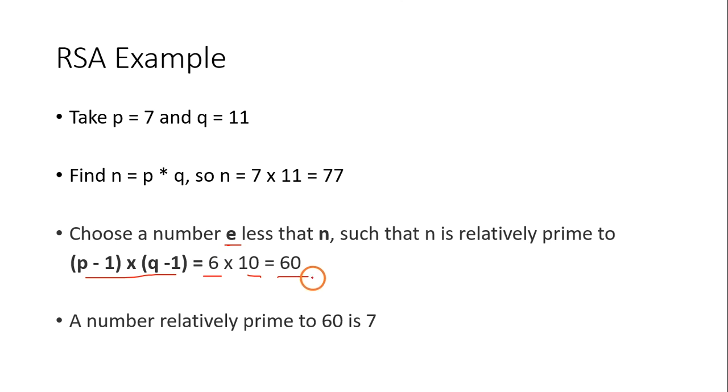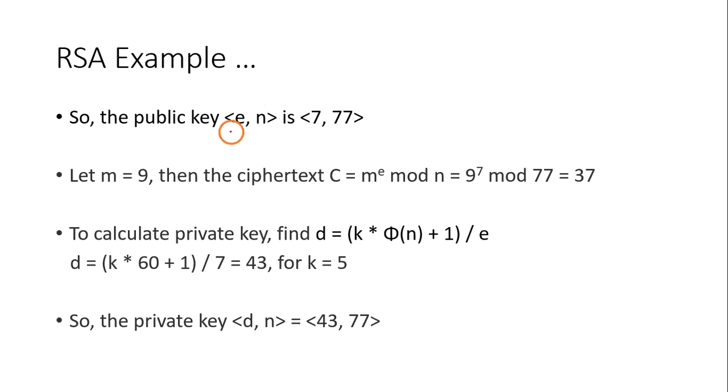Okay, and one number relatively prime to 60 is 7. So this is my E. Okay, so E comma N, which is 7 comma 77, is my public key.